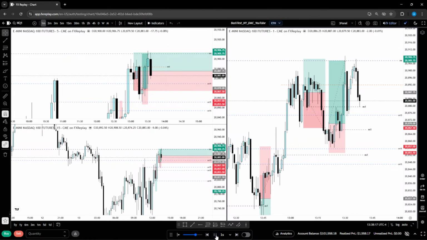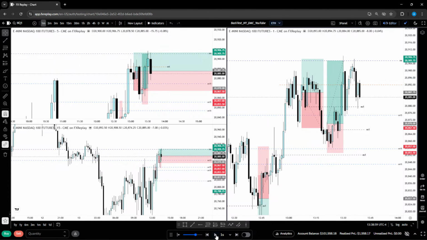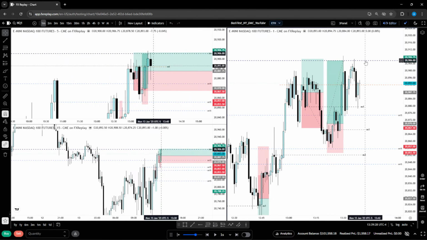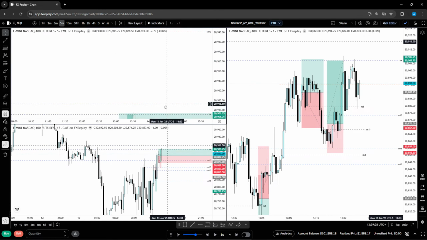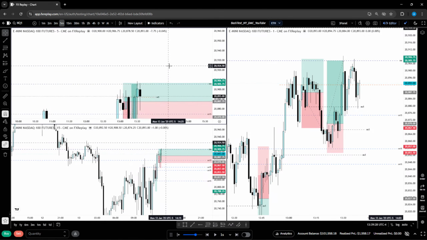Okay, so that's one level to test. This is a very limited range, so we need to wait till this is broken, and then the next level is gonna be further up. We have more room then.